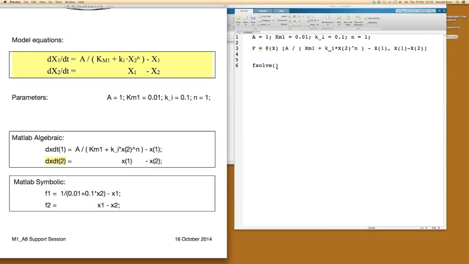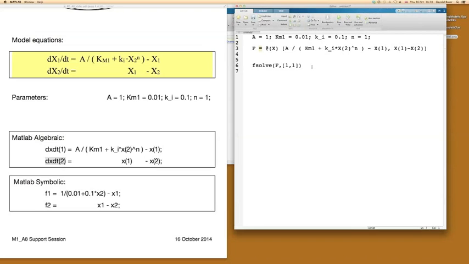So we do this by applying fsolve to our function. Our function is called f, and we need to specify not a range now, but in this case initial conditions. We need to assign some value for x1 and x2 such that the solver can start to approach the solution from this initial point on and get there hopefully quickly.